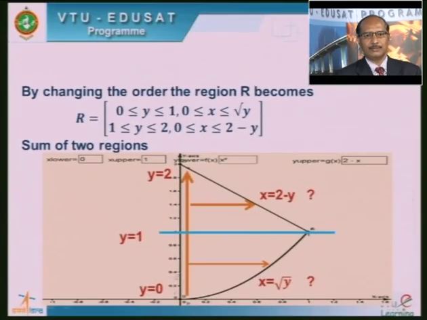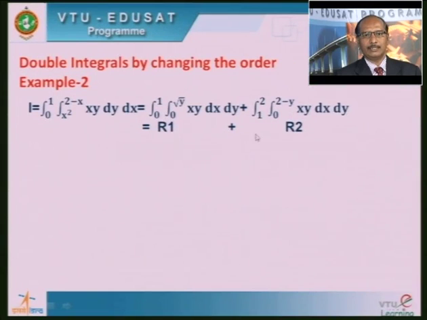In the last figure, 0 to 1, x limits are 0 to parabola. Similarly, the second integral, y equal to 1 to 2 and x equal to 0 to a straight line, xy into dx dy. So evaluate separately this integral R1 and this integral R2, and add their answers, you will get the value of this double integral.